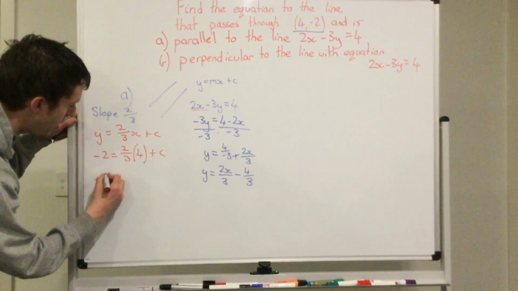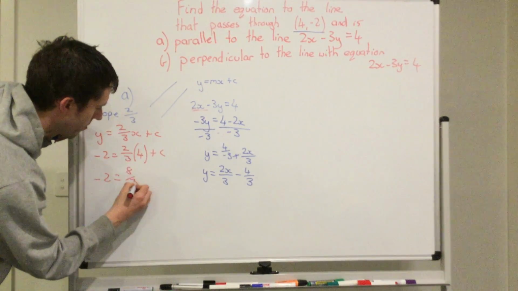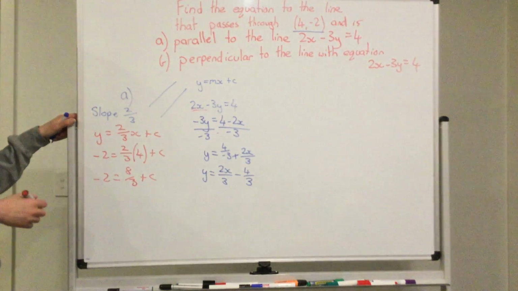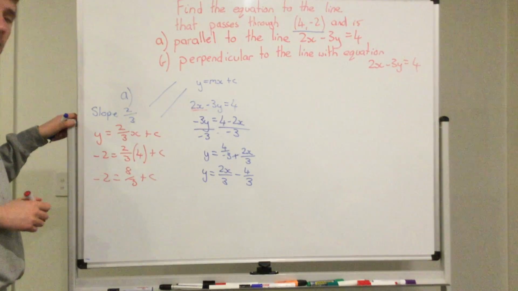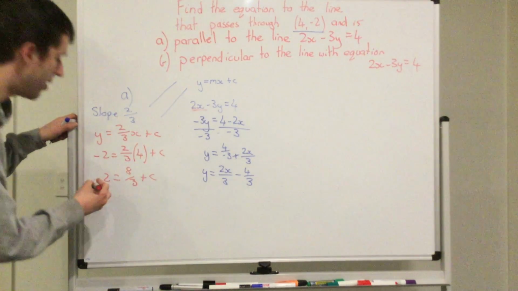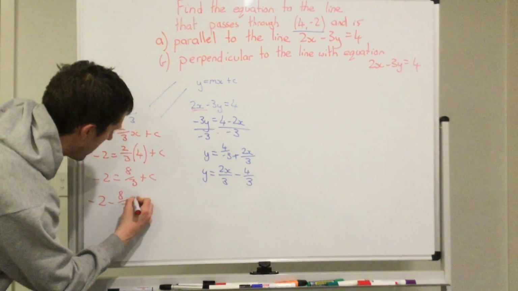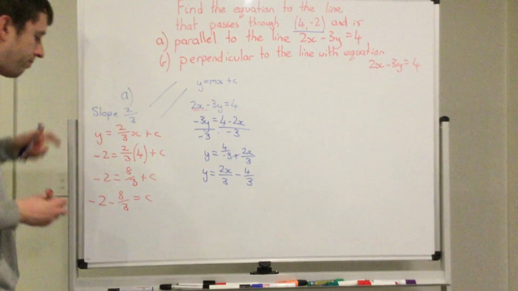I can simplify that. 2 times 4 is 8, so it's 8 over 3 plus c. Now I'm going to get this to the other side, so I need to take 8 over 3 from each side. So negative 2 take 8 over 3 equals c.